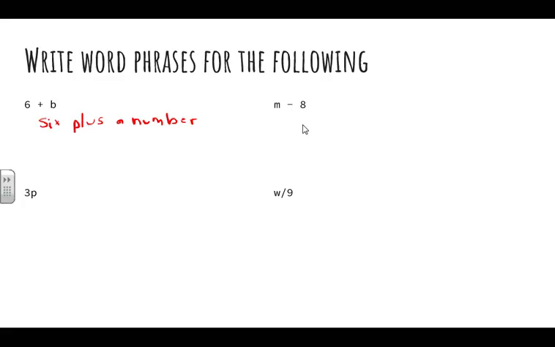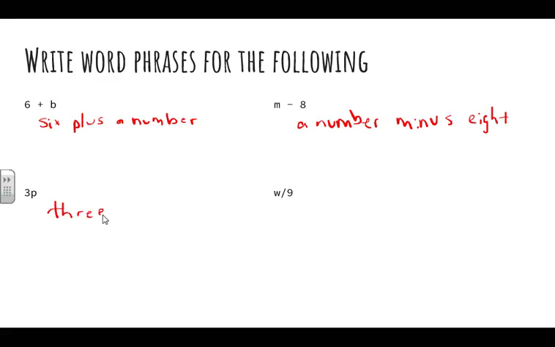All right, over here, m minus 8. Remember, m stands for any number, so we have a number minus 8. All right, down here we have 3p, which is multiplication. So we've got 3 times a number.